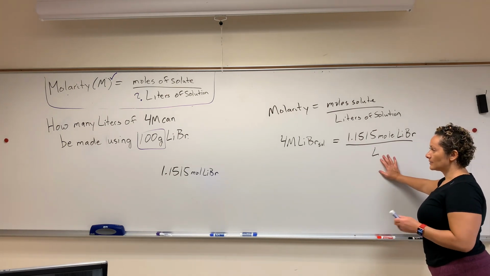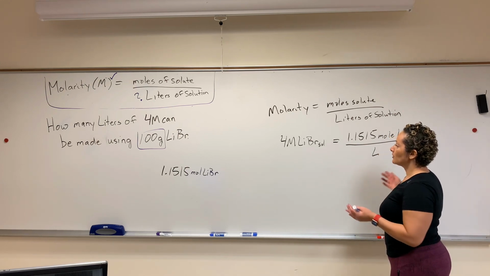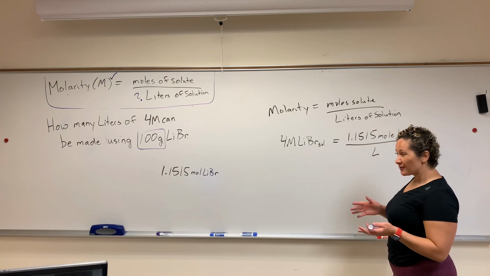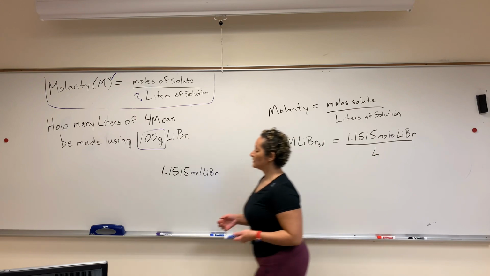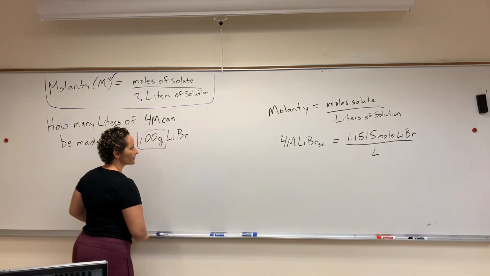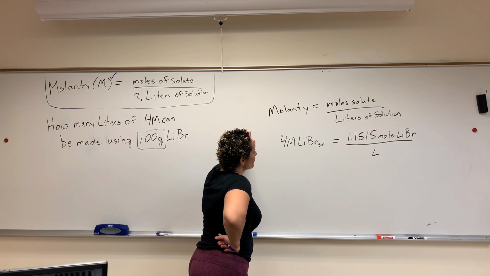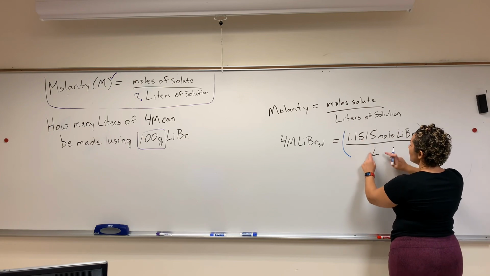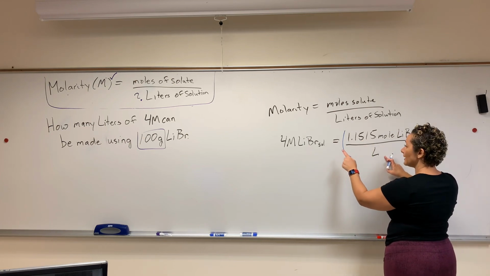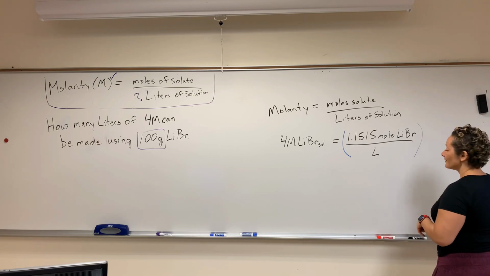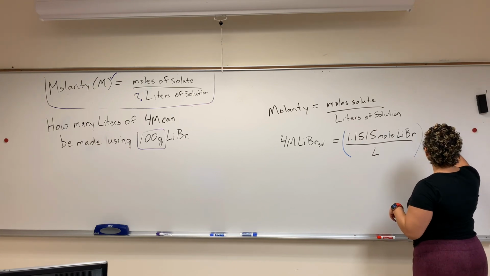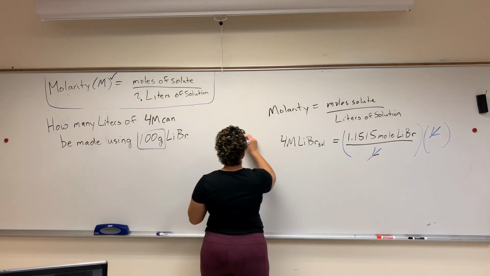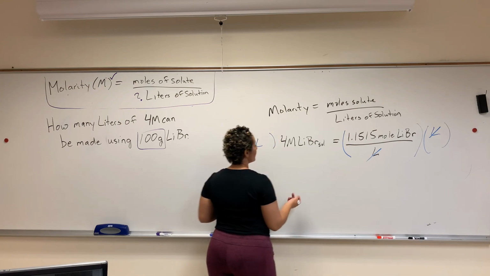Now, the liters is on the bottom, so you can't just be flipping everything, but you can go ahead and cross multiply if you're familiar with that and comfortable with that. I'm going to do a long version of what essentially is cross multiplying, the same version that I gave you in the last one. Got to get this over there, and by itself. Times it by liters. Cancel, cancel. Times it by liters. Boom. Is it by itself?